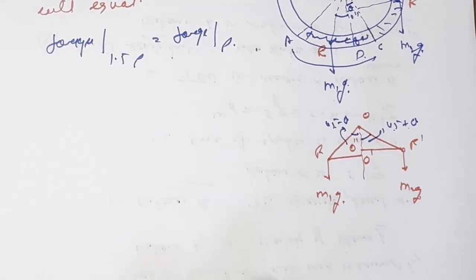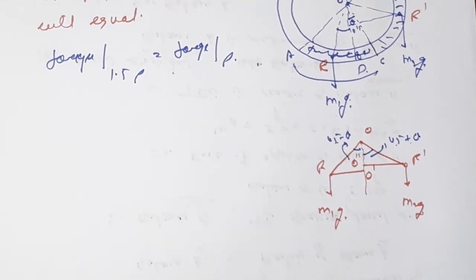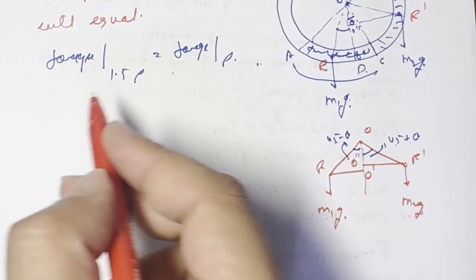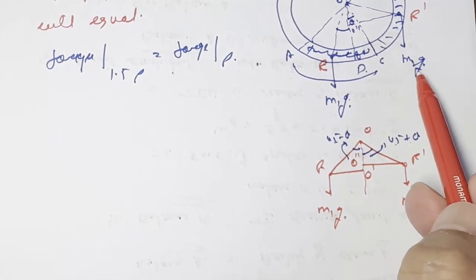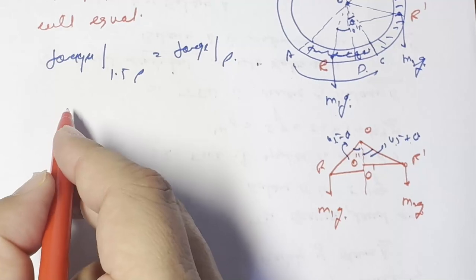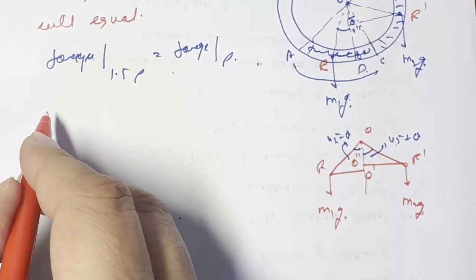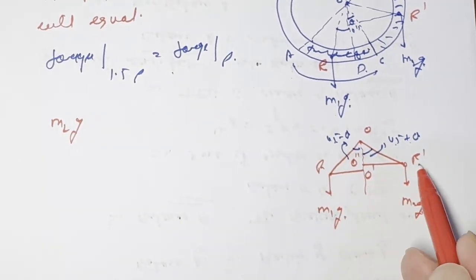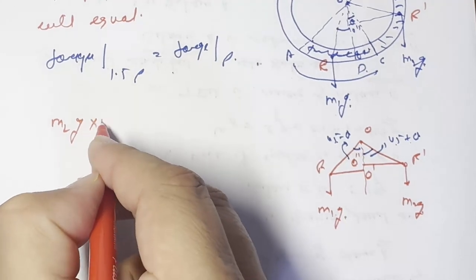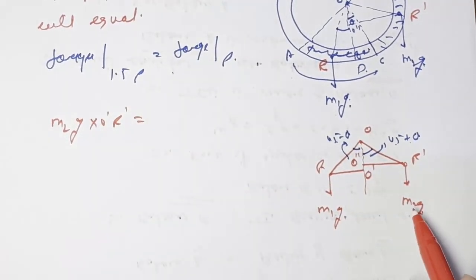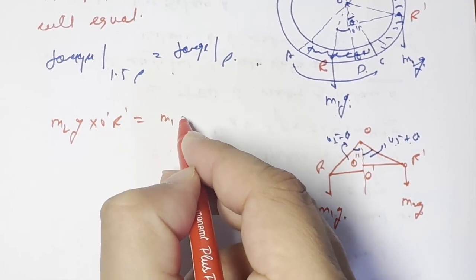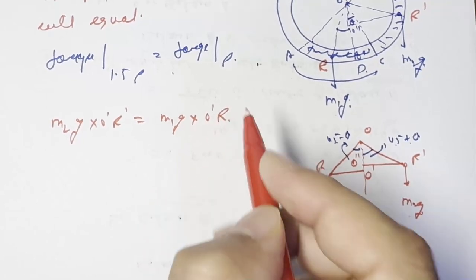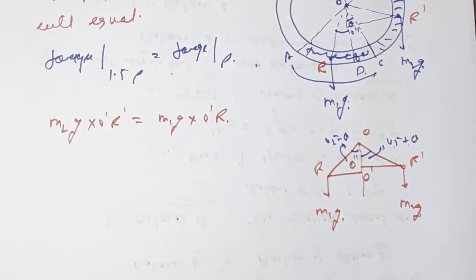So therefore we can write the equation of the torque. We get this as m2g multiplied by O prime R prime, and we have m1g multiplied by O prime R. So we substitute the values.